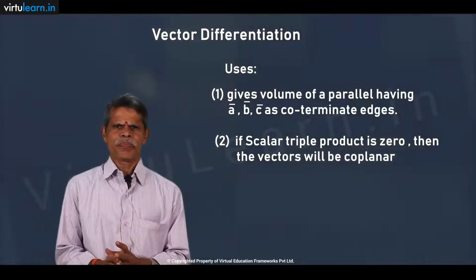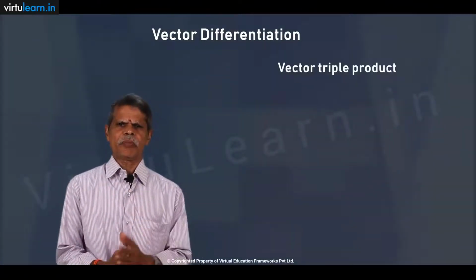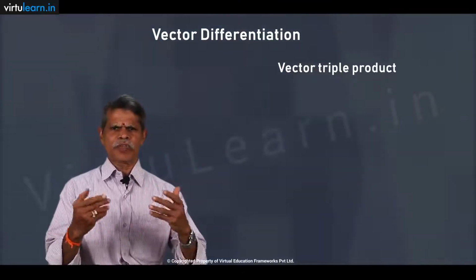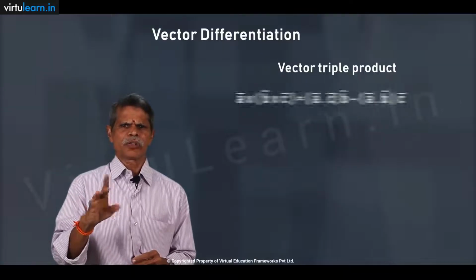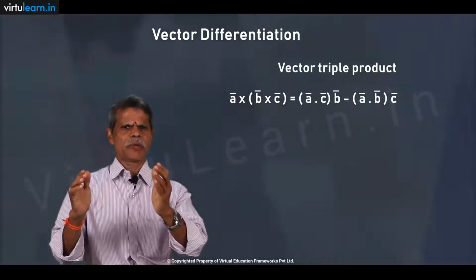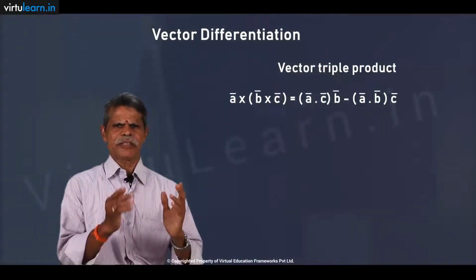We will also be able to know that the vectors are coplanar if their scalar triple product is equal to 0. Then another aspect we discuss is the vector triple product. Vector triple product means we are considering the product of three vectors. The result is also a vector quantity. One way we can write is A bar cross B bar cross C bar. I am mentioning the first one.